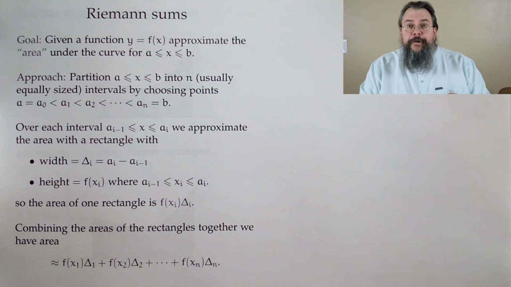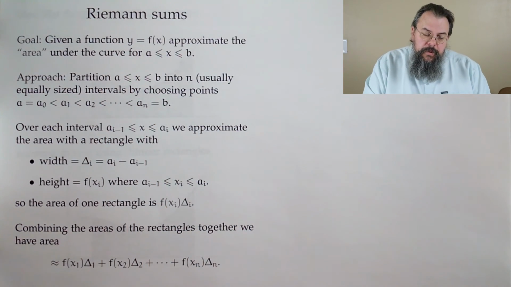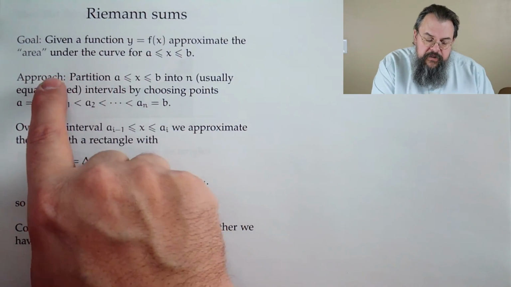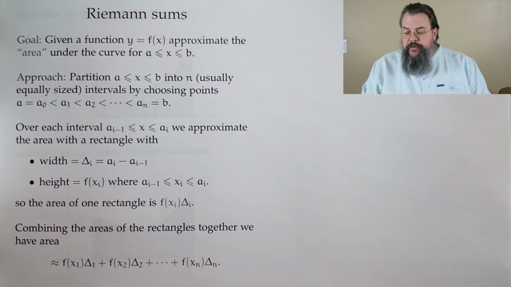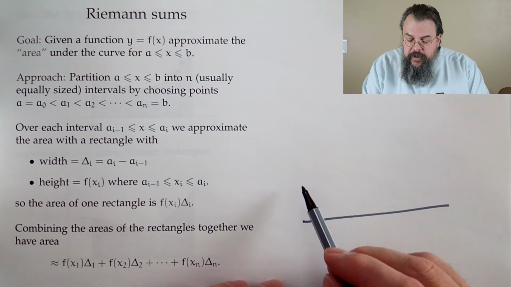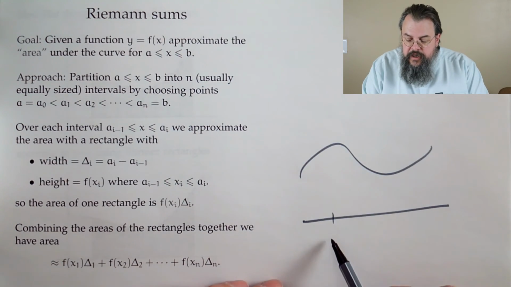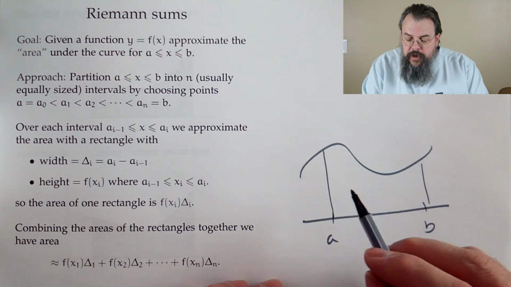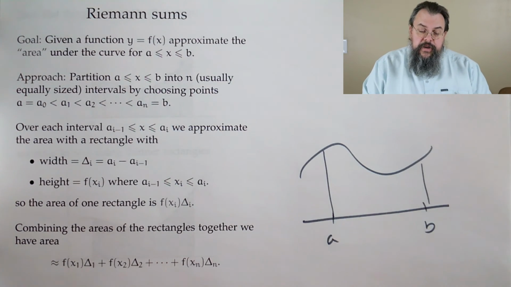Well, what is that? So what we want to do is, again, we have a function, and we want to approximate the area under the curve from A to B. So we have our function, f of x, and here's A, here's B, and we want to approximate the area underneath.